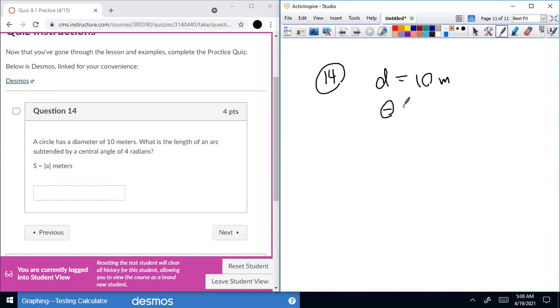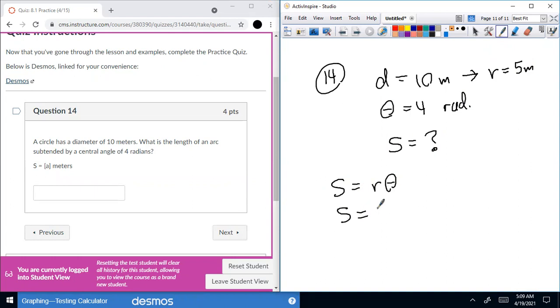What is that S? Well, first, a diameter of 10 meters equals a radius of 5 meters, because remember, radius is half of a diameter. So S equals r theta. S equals 5 times 4, and that's going to be 20 meters.